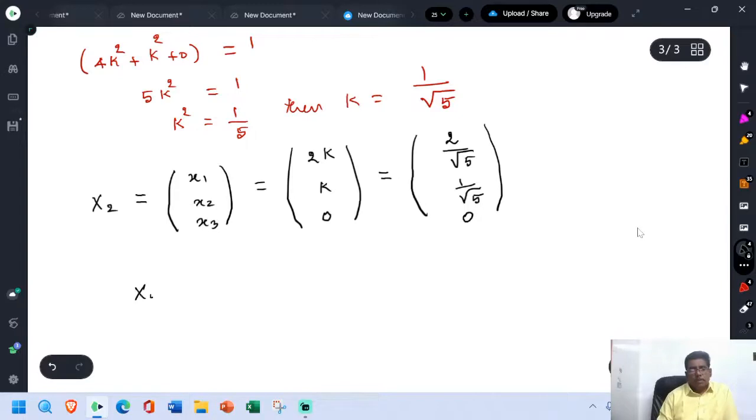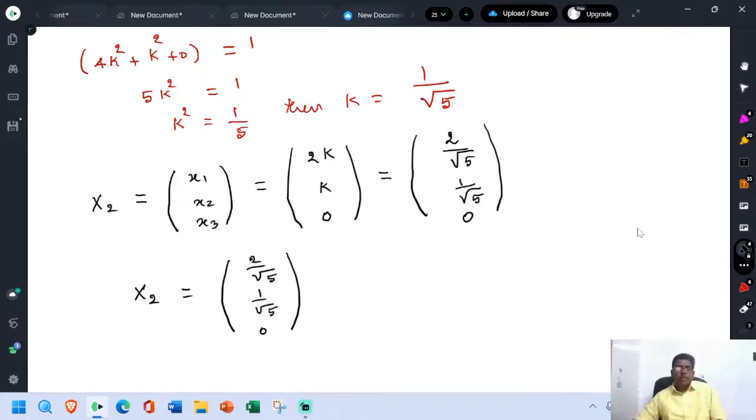So x2 equal to 2 by root 5, 1 by root 5, 0. This is the eigenvector corresponding to the eigenvalue lambda 2 equal to 2. x3 is also having the same value because lambda 3 is also 2. So these are all the eigenvectors of the given matrix.